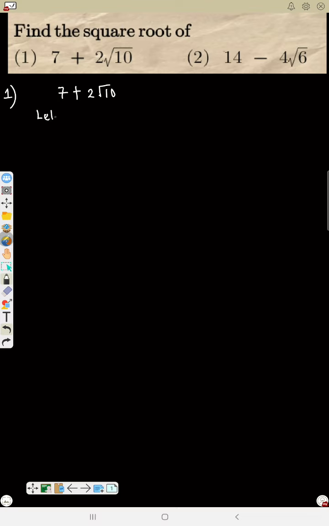So we say let the square root of 7 plus 2 root 10 be root m plus root n. From here we will square both sides.